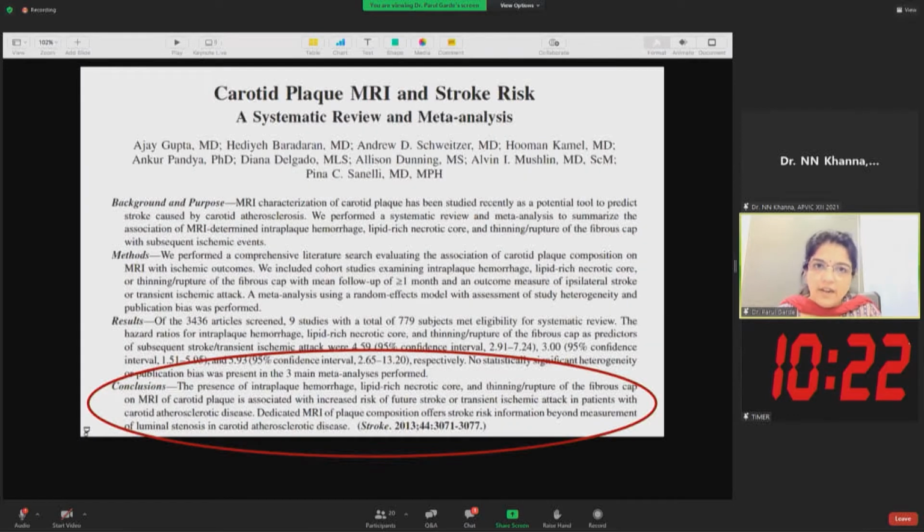Over the last 2 decades, there have been several studies which have looked into the role of MRI for detecting these vulnerable plaques and for risk assessment for stroke using this technique.